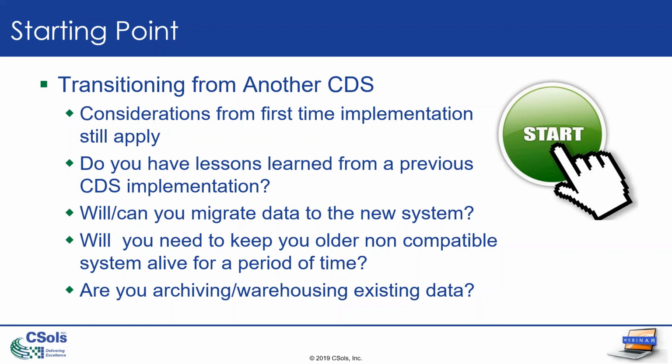So in general, all the considerations that we discussed during the first time implementation, those still apply. So critical to understand, assess your infrastructure. Do you have people that are familiar with whatever system you're going to? Are you going to keep the same electronic records that you used in the last system? Will the new system have different functionality where you can now eliminate some of the paper records? So still keep all those first considerations in mind.